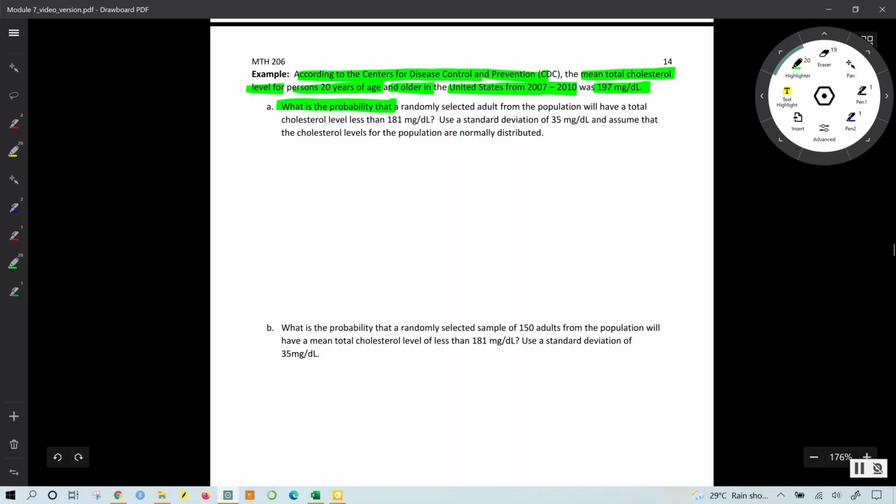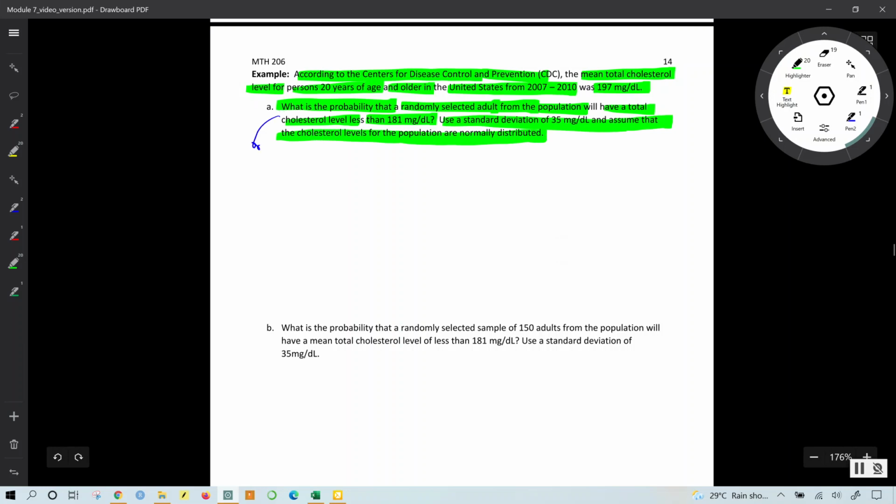What is the probability that a randomly selected adult from the population will have a total cholesterol level less than 181 mg per dL? Use a standard deviation of 35 mg and assume that the cholesterol levels for the population are normally distributed.